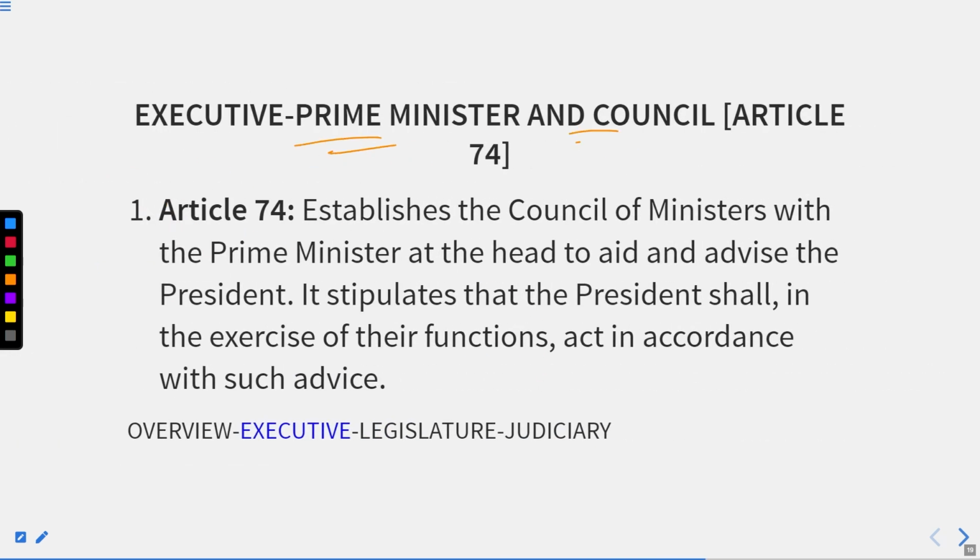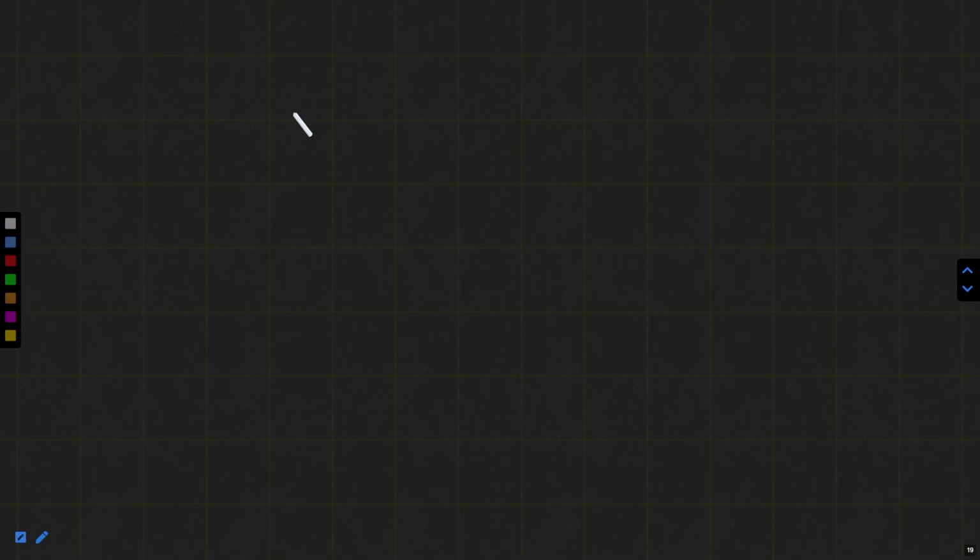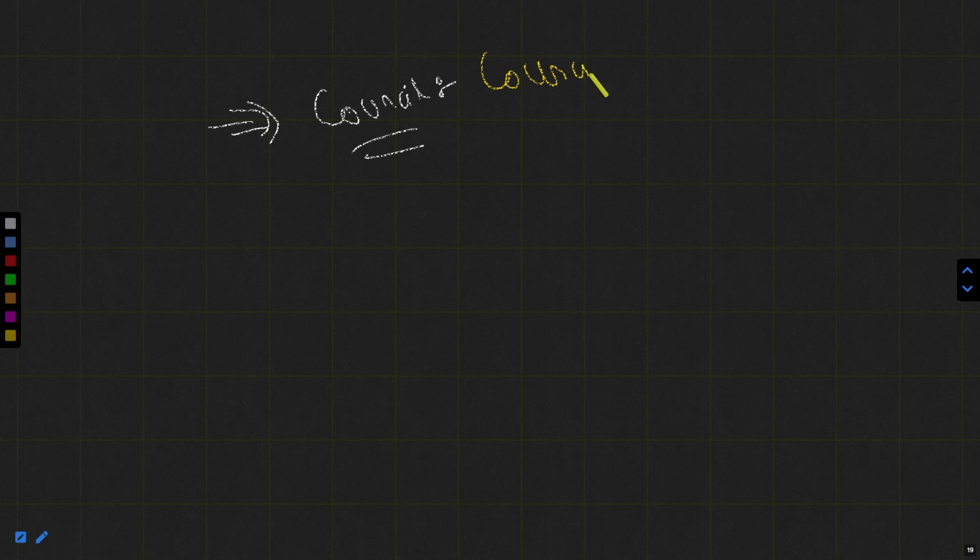Thereafter, we have the Prime Minister and the Council. Here, by the word council, what do I mean? I mean the Council of Ministers.